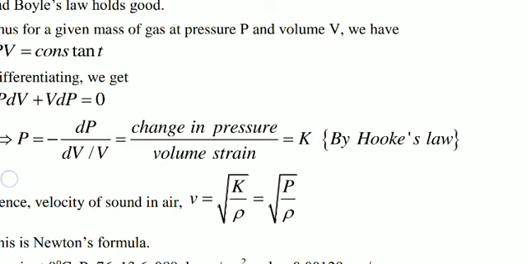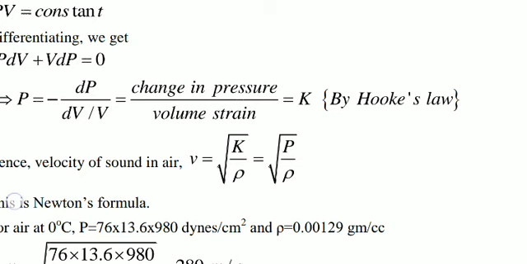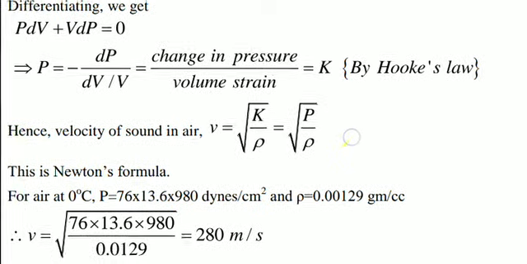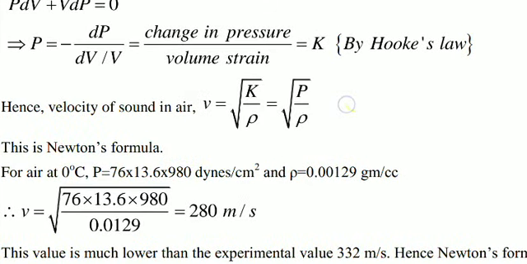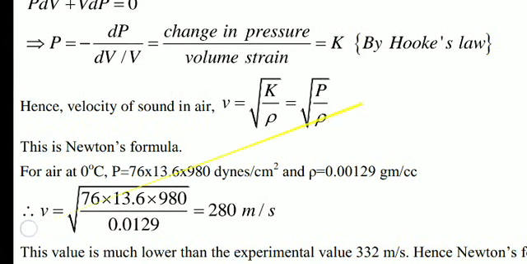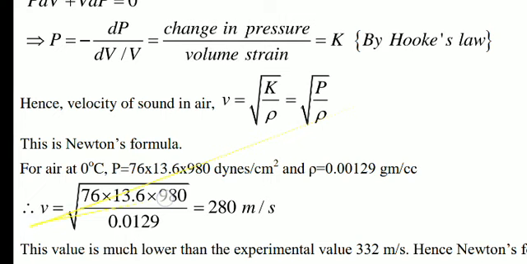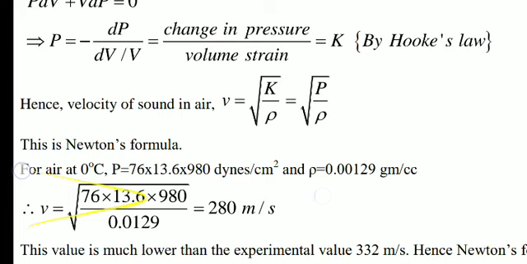So our formula now becomes V is equal to under root of P by rho. Now pressure is a very known quantity. What is the pressure of the gaseous medium? At 0 degree Celsius, this pressure is equal to 76 mm of Hg, so 76 multiplied by 13.6 into 980 dynes per centimeter square, and rho is the density of the air at 0 degree Celsius.